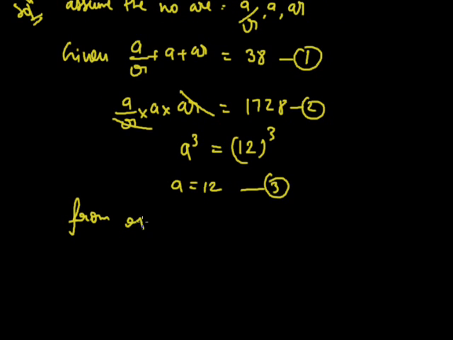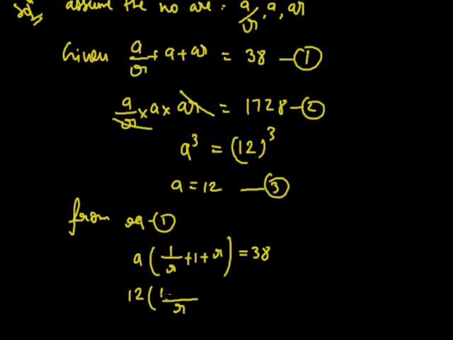From equation 1, a into 1 upon r plus 1 plus r equals 38. a equals 12, then 1 upon r plus 1 plus r equals 38 upon 12.